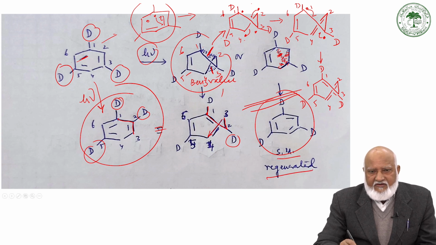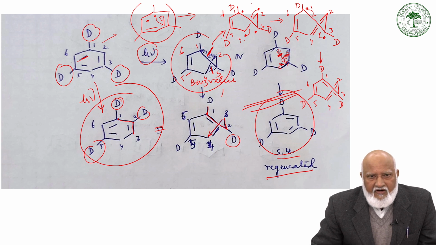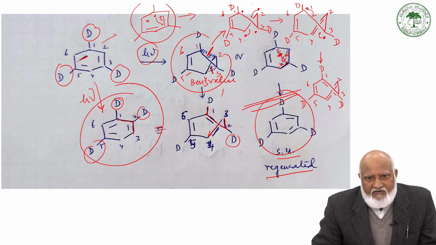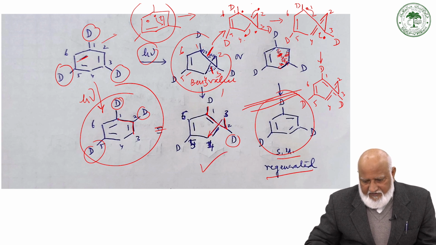So this is how we can explain the rearrangement, the photoisomerization of substituted benzene, where 1,3,5-trideuterium benzene under photolytic condition goes first to the valence isomerization with the benzvalene intermediate, and then this undergoes bond cleavage followed by bond formation to give this photorearrangement.